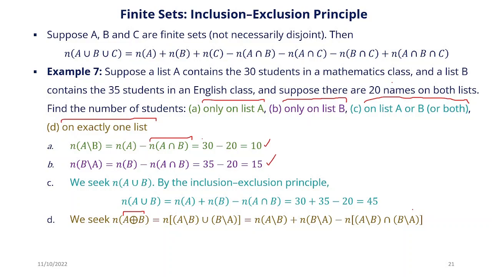Sometimes you may get into a test or an interview where they say solve this without using Venn diagrams. You should be able to apply this inclusion-exclusion principle to get a solution. So if we solve that, we get 10 plus 15 minus 0, and what we have is 25.